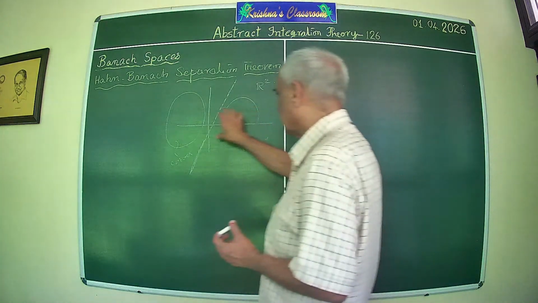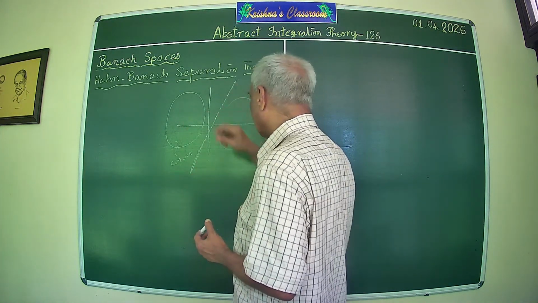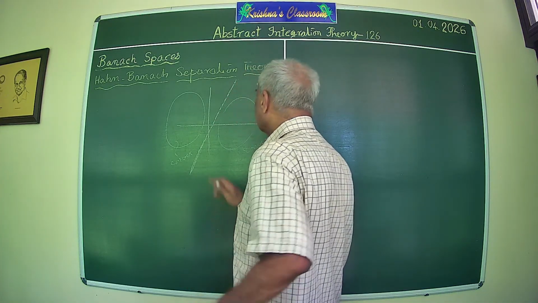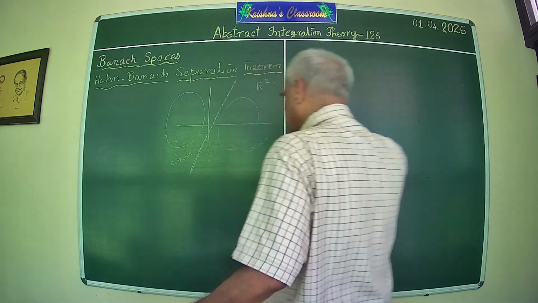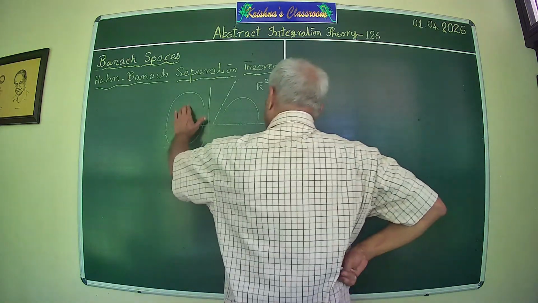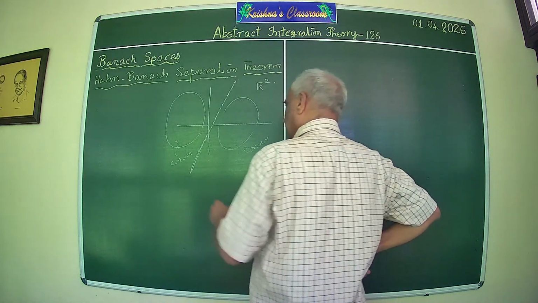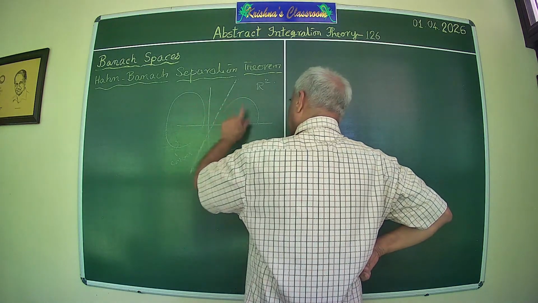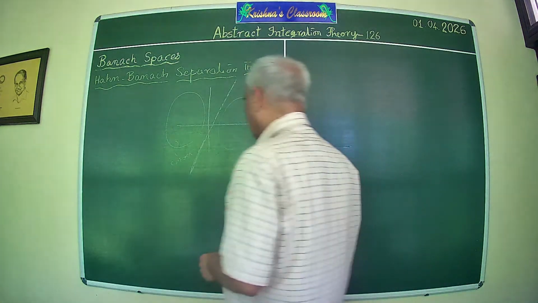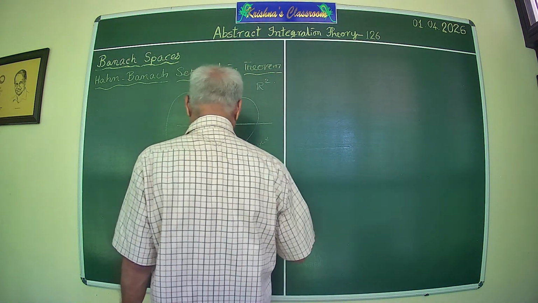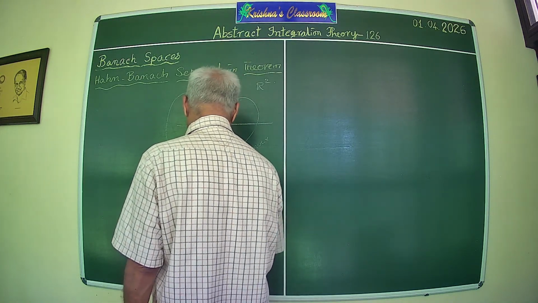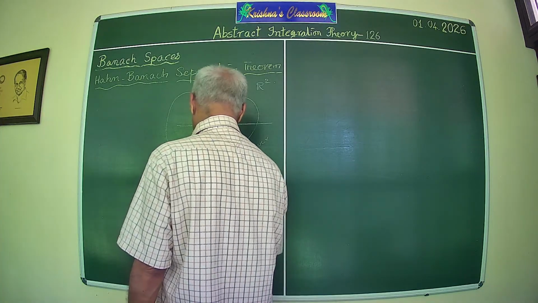We have two convex regions. Convexity is important. Then there exists a hyperplane, which is a straight line in R2, which separates the two regions, namely, it does not intersect either of them. Now, suppose you drop convexity. Suppose you take a region like this. These two regions.